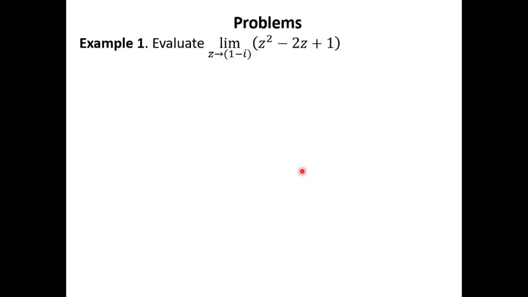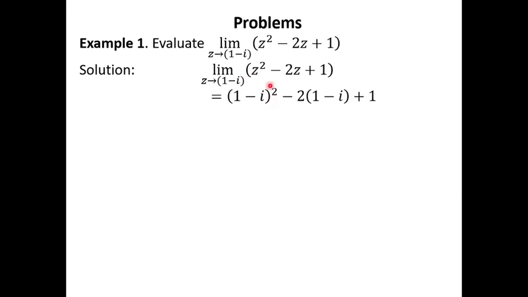Now we discuss some problems. Consider one example: evaluate limit Z tends to 1 minus i of Z square minus 2Z plus 1. Here Z approaches 1 minus i. Therefore, we can substitute Z is equal to 1 minus i.